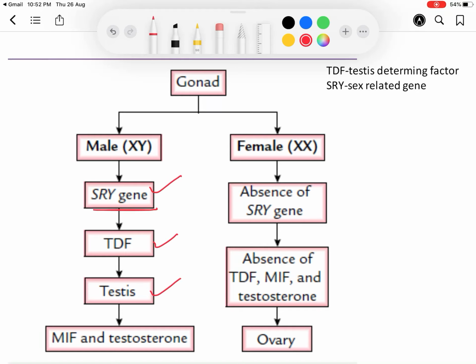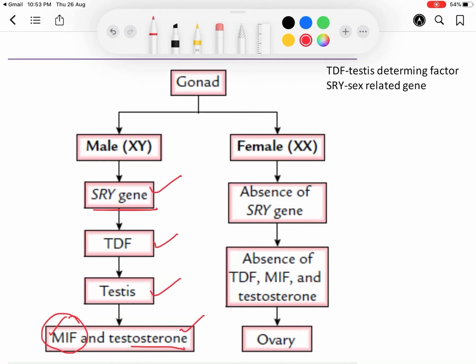Now when the testes have been formed, the developing testes will release testosterone hormone, which is responsible for the development of male gonads further, male external genitalia and other features of the male. The testes have Sertoli cells which secrete Mullerian inhibiting factor or Mullerian inhibiting substance, which inhibits the development of the Mullerian duct.